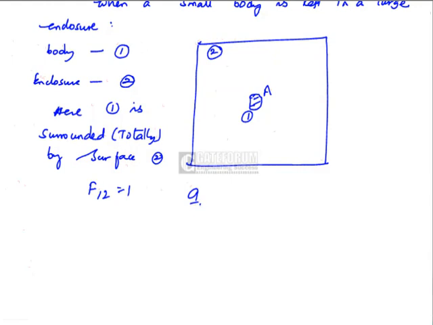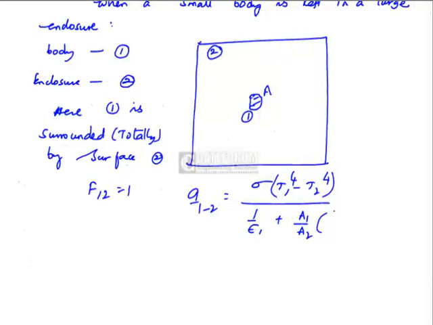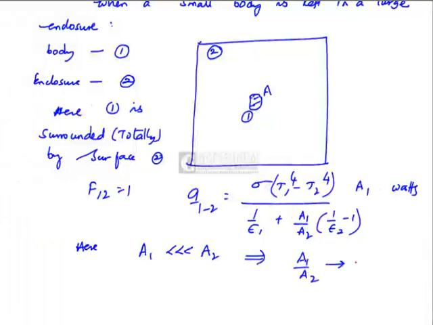Therefore, Q12 is equal to sigma into T1 power 4 minus T2 power 4 divided by 1 by epsilon 1 plus A1 by A2 into 1 by epsilon 2 minus 1. Here A1 is far lesser than A2, which implies A1 by A2 ratio tends to 0.